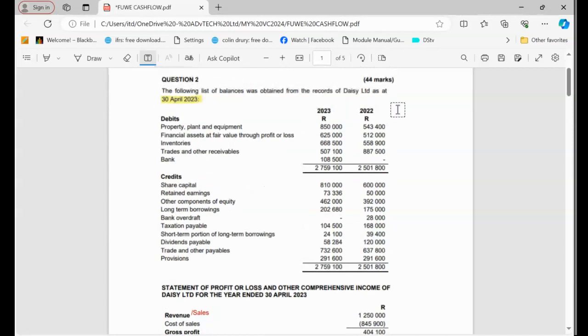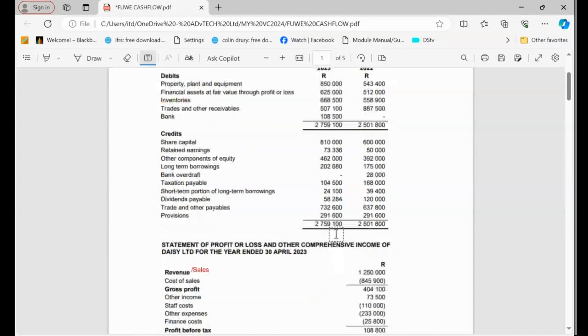Do you see any trade and other payables somewhere there? Yes, like for the credit. This one, 637,800. That's true.